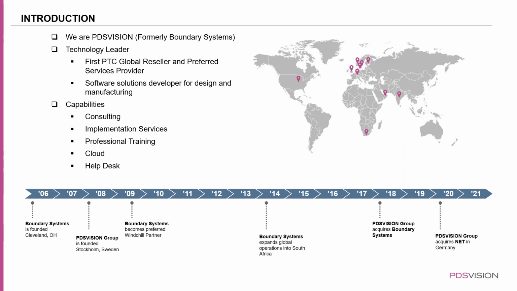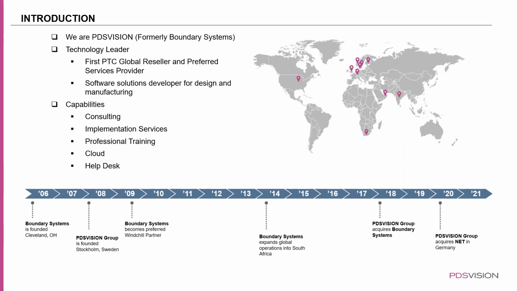Just a brief background on Boundary Systems and PDSVISION. Boundary Systems was founded in Cleveland, Ohio in 2006. Two years later, PDSVISION Group was founded in Stockholm, Sweden. A few years later, Boundary Systems expanded its operations into South Africa.